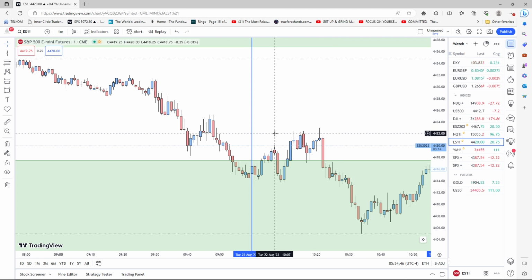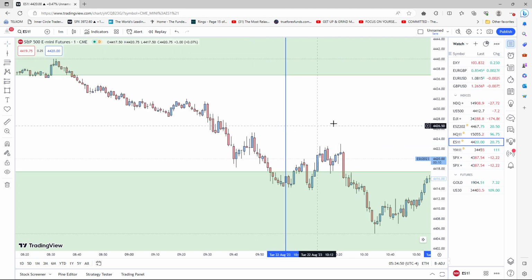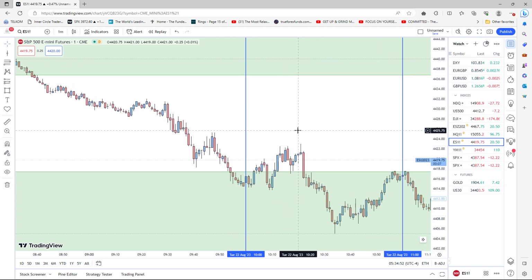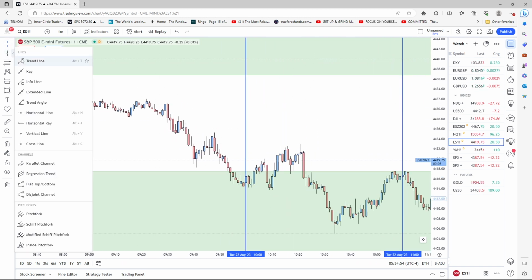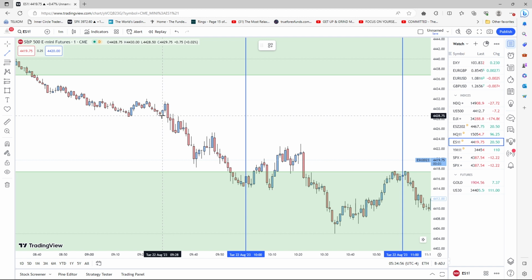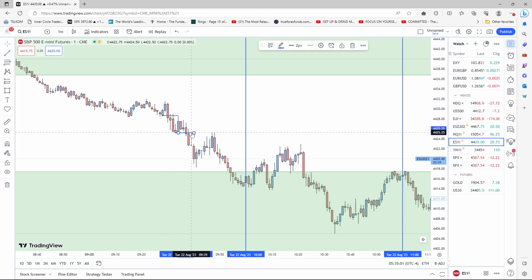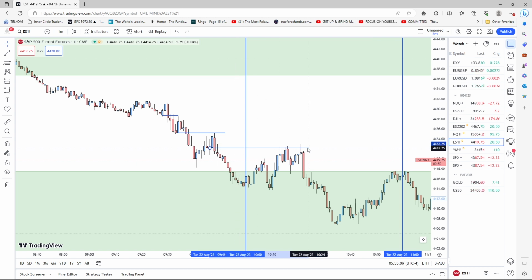If I was looking for a silver bullet setup, I would take note of these order blocks over here being respected. Again, them being respected over there, and price respecting it again over there.